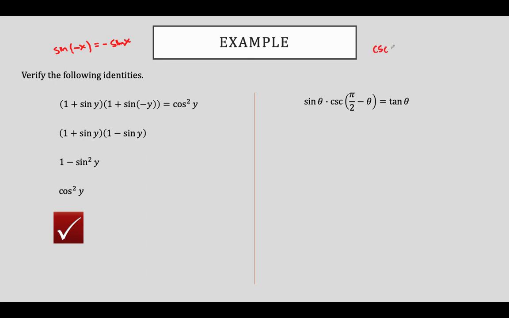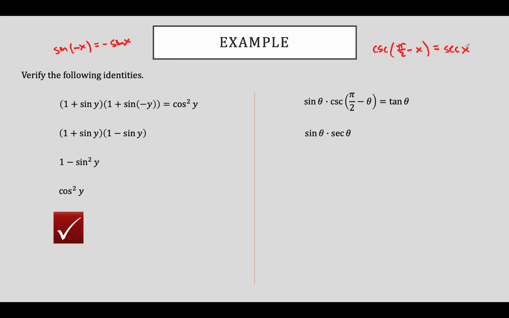The cosecant of pi over 2 minus x is equal to, well, what's the cofunction of cosecant? That would be secant. So this is equal to secant of x. We can replace cosecant of pi over 2 minus theta with secant theta.